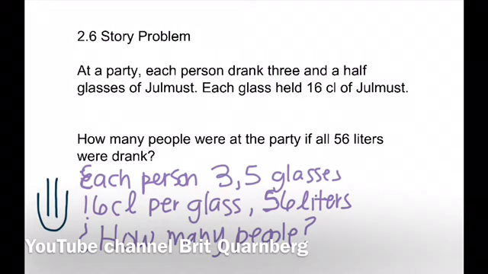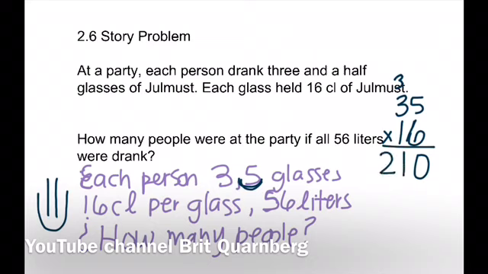So we want to find out how much there was. So each person had 3.5 times 16. I can count one decimal place there. I'm going to multiply those like this, and I'm going to remember to put one decimal place back in. So 6 times 5 is 30. 6 times 3 is 18, plus 3 is 21.